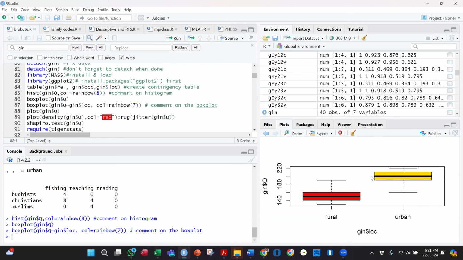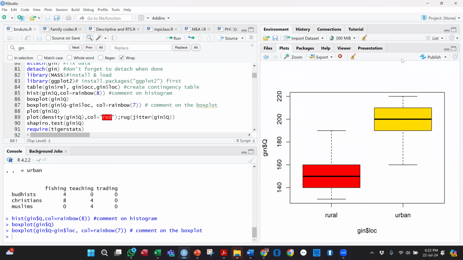The middle part here tells you a lot about which one is having a bigger mean or a median. And you can see that the quantity demanded in the urban sector appears to be more than that of the rural center.